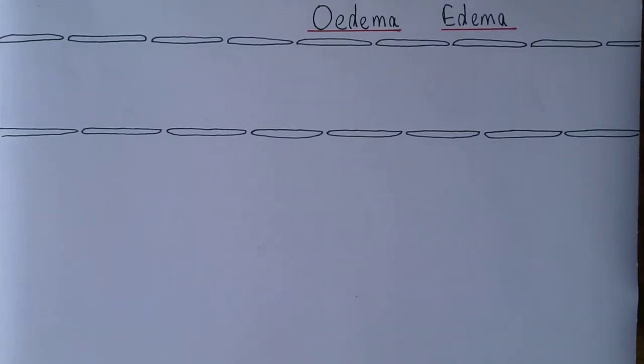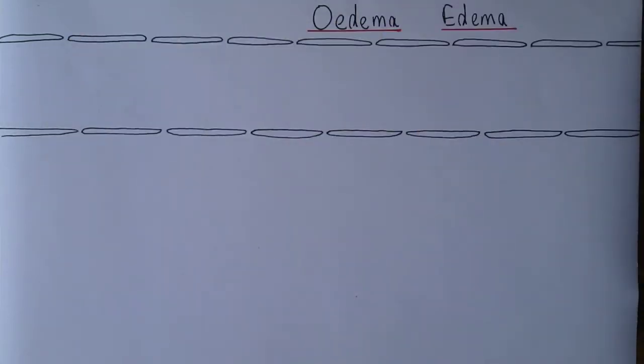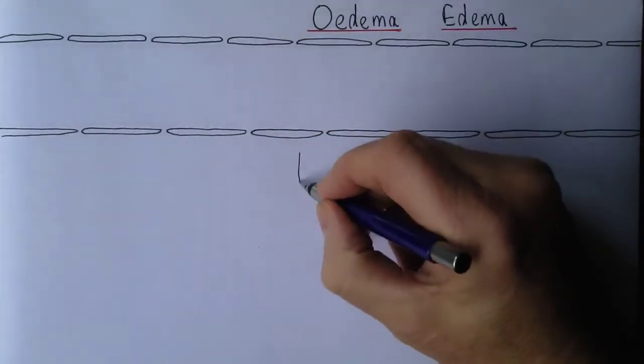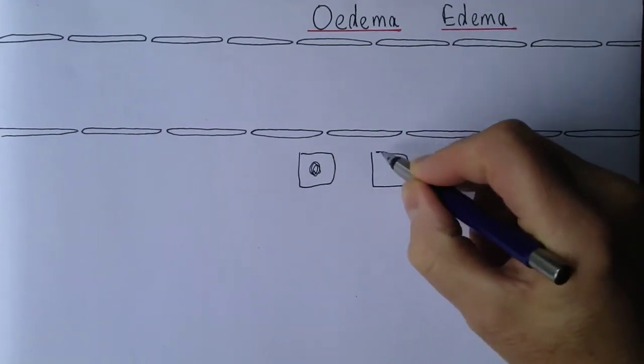So carrying on with our thinking about the physiology of the capillary, we've moved on to thinking about abnormal conditions. So here we have our capillary that we're familiar with, and we know that the cells are in this extracellular or extravascular space.